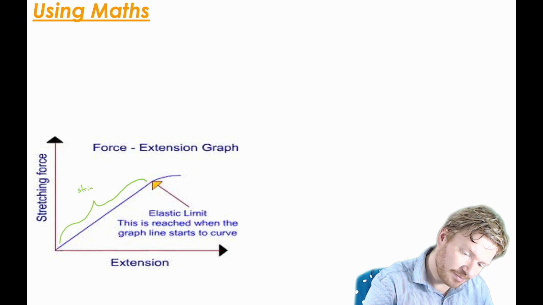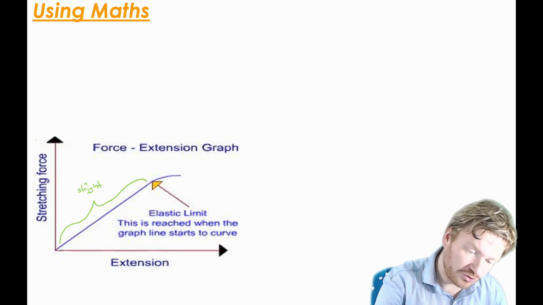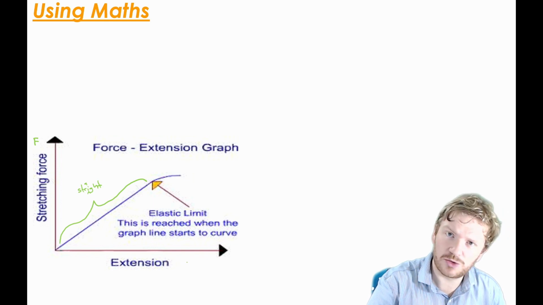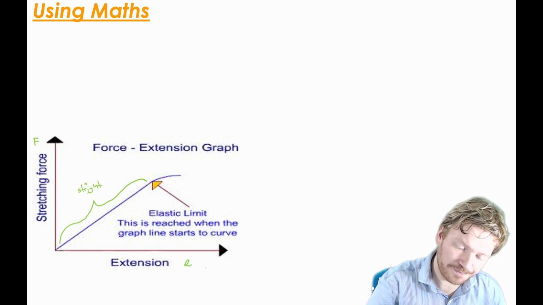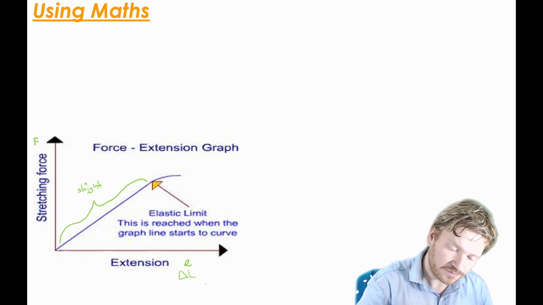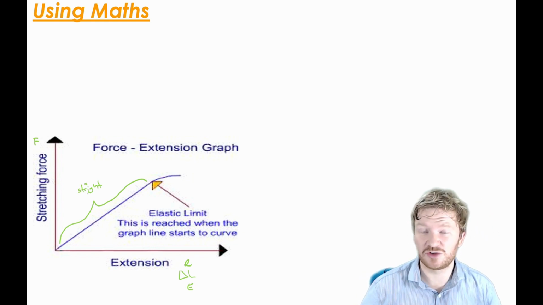Just thinking about the straight section, we're going to think about how the stretching force, which I'm going to call F, is proportional to the extension, which I'm going to call big E or little e. I'm going to call it little e for now. Sometimes you'll see it as little e, sometimes as delta L, and sometimes as big E. It doesn't matter, you just need to use whatever term they give you in the exam board, and they do sometimes change it around.